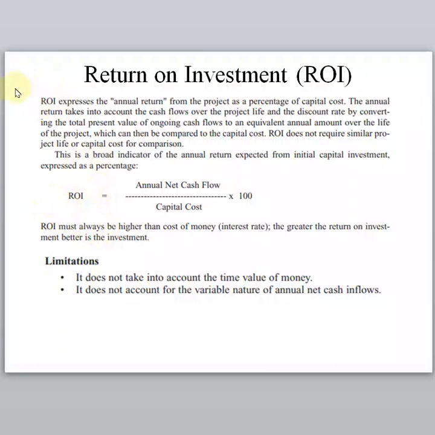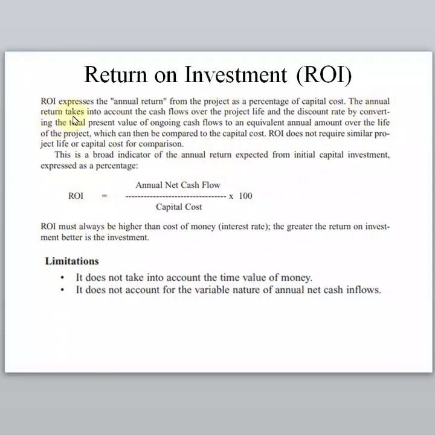Like for example, if you are getting 1 crore profit in 1 year, then 1% of the capital has been collected by the startup for you. This is nothing but the return on investment.